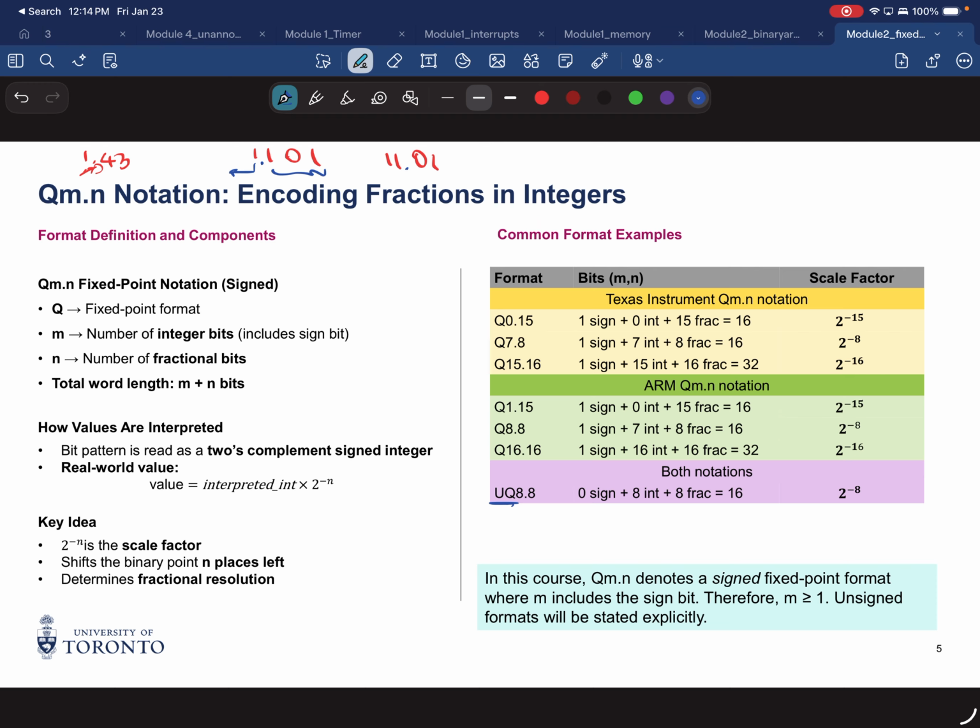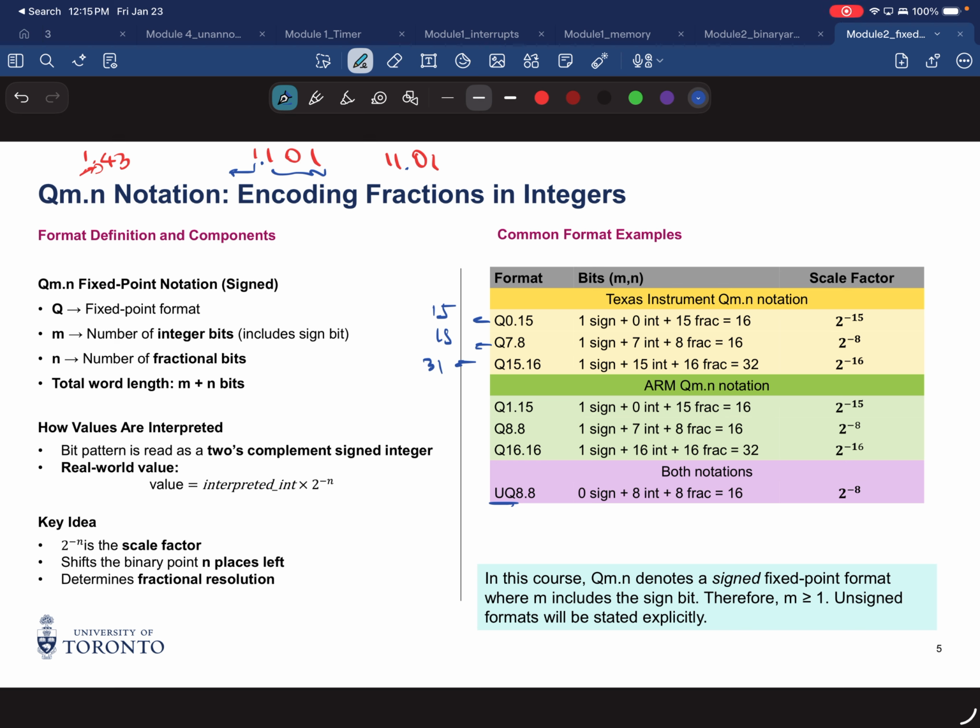Now, for Qm.n, we have two interpretations, two notations basically. One of them is Texas Instruments, which considers that whenever they use Q, the 1 bit they use for the sign is implied. That's why when you add these numbers, it's going to be 15, this is 15, this is 31, but you have to add the 1 bit for the sign because that's implied, okay?